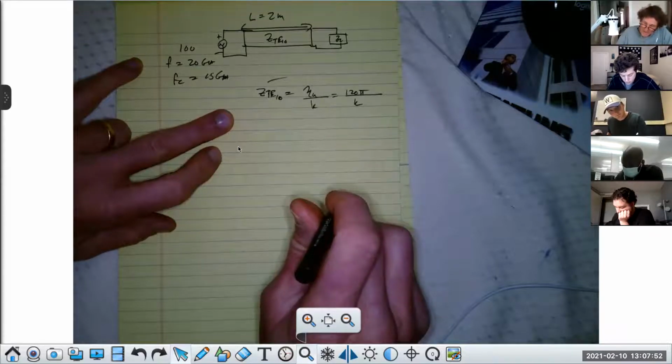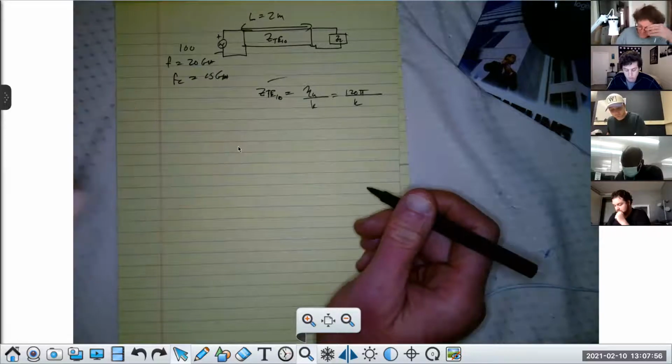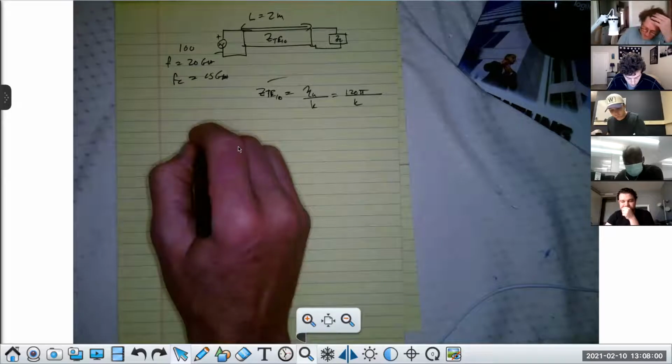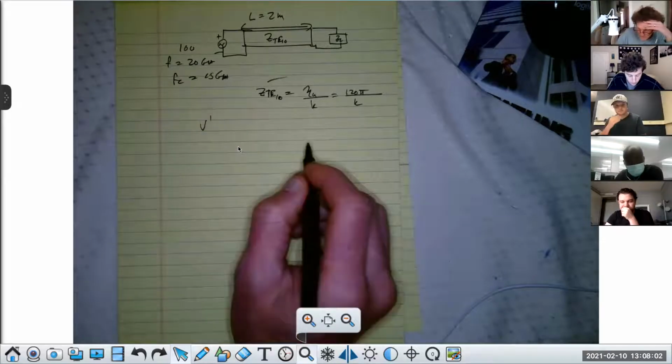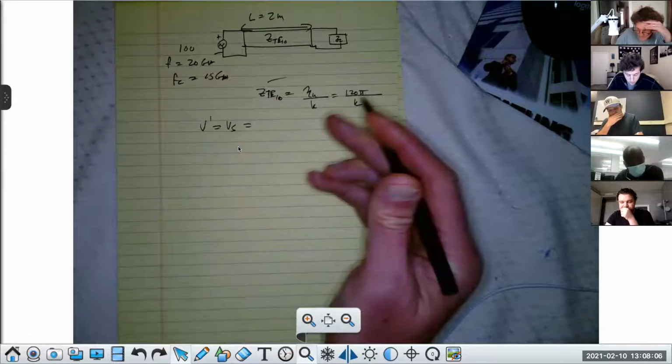After I do that, the next thing I need to do is find the value of V0 prime. And I know V prime is just equal to Vs. It is the voltage just on the inside.